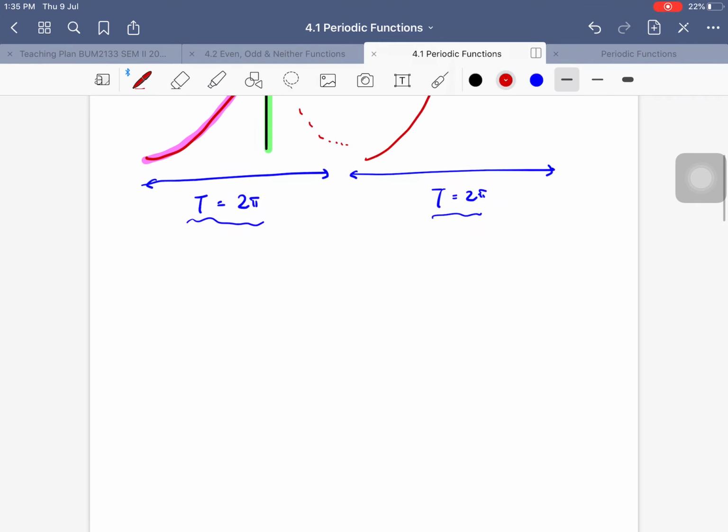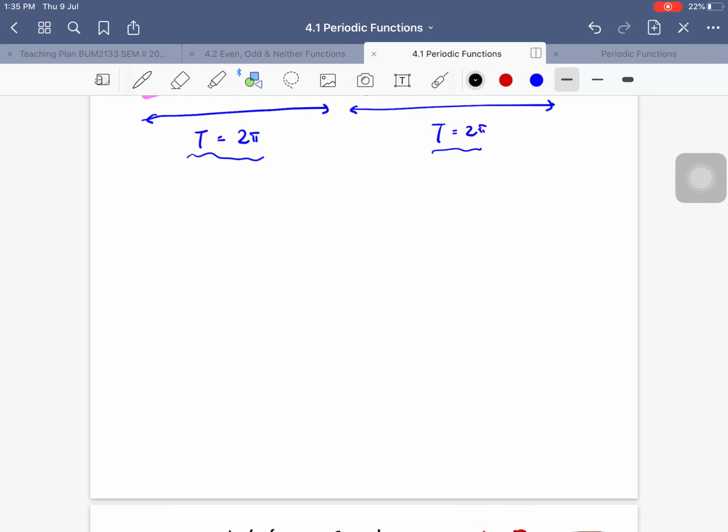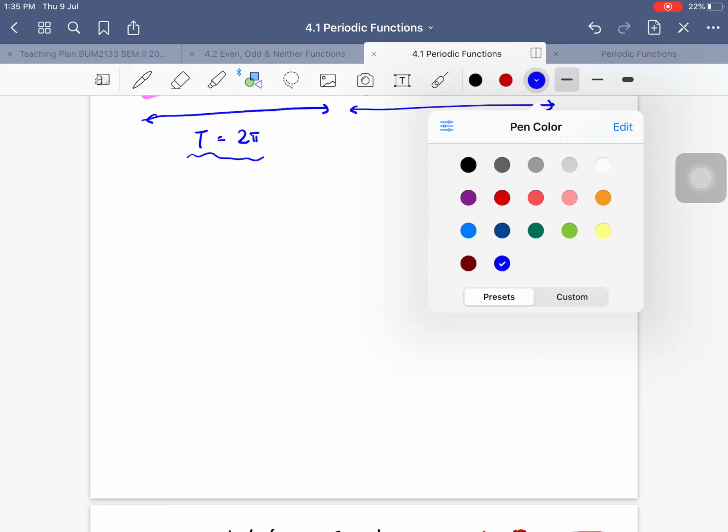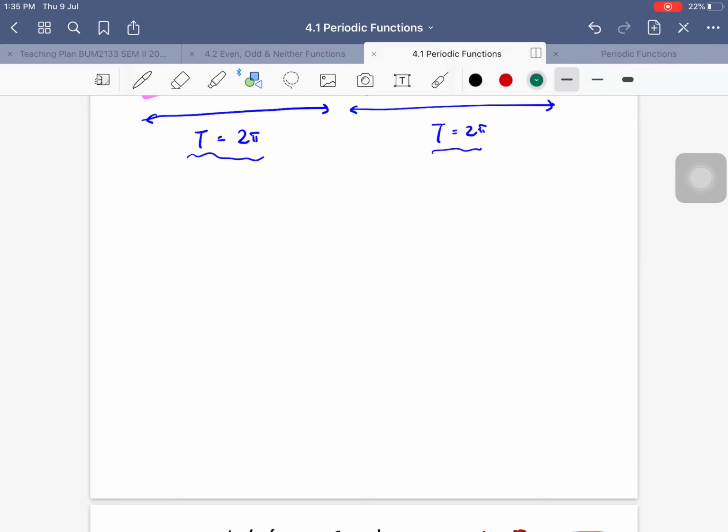Okay, let me give you the idea of how we sketch a periodic function. The idea of sketching a periodic function is copy and paste. Let me put a remark over here. So the idea is copy and paste. What do I mean by copy and paste? Let me draw the axis first.